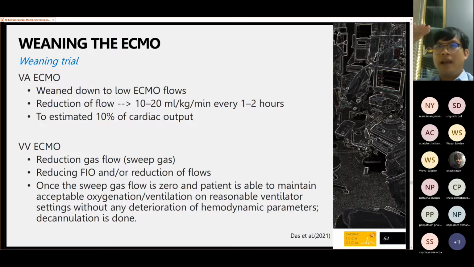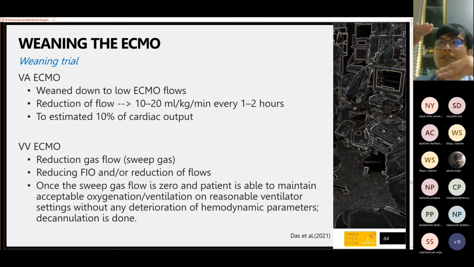Imagine that now we support the patient like this. If the patient status is like this, we reduce the support and the patient gains up their own hemodynamic and vital sign status, which can be maintained by themselves or with small support from conventional treatment.